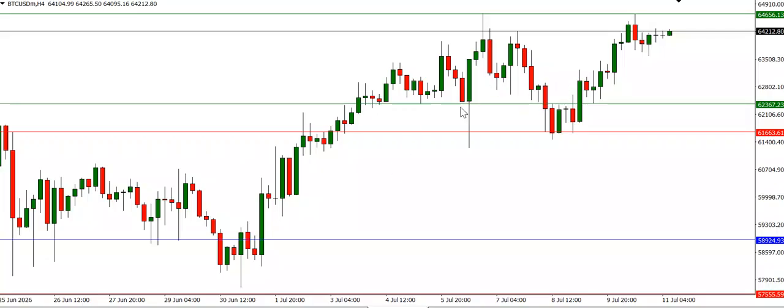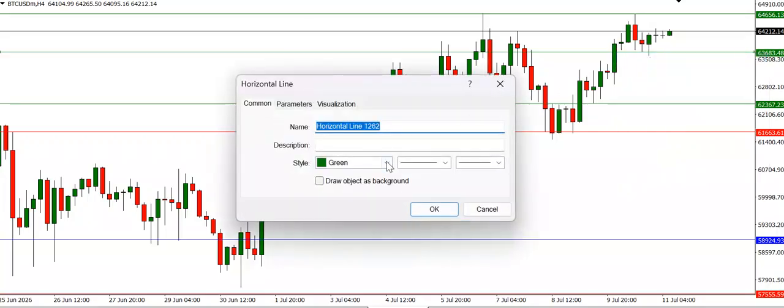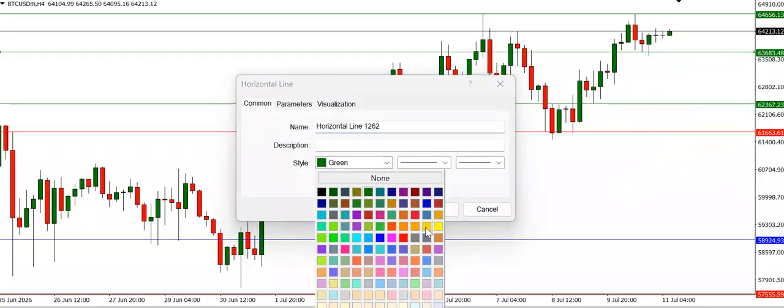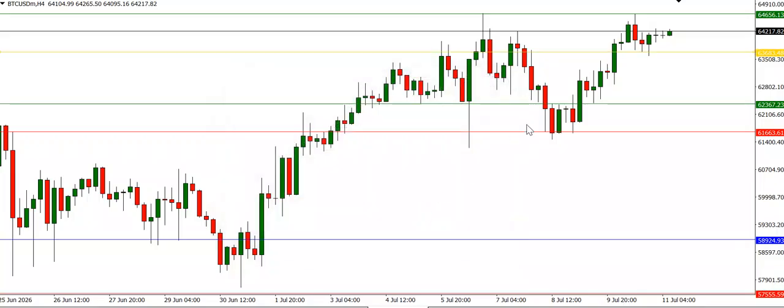So on the 4 hour time frame, do we have key levels? On the 4 hour time frame, this is a key level. Let's change the color to orange or gold. This is a key level. Yes.